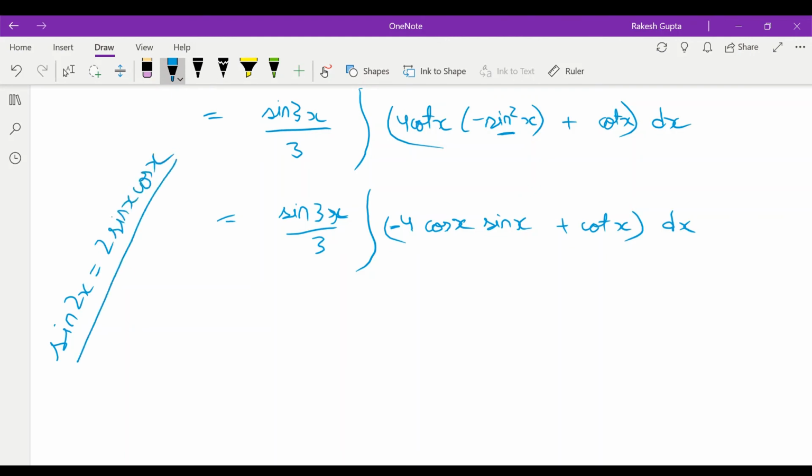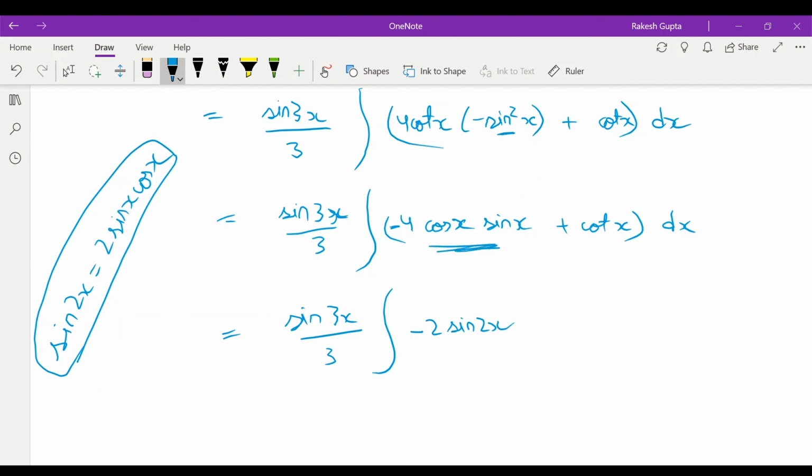I'm going to use this one over here and write this as minus 2 sine 2x, compare this to this, plus cot x dx.